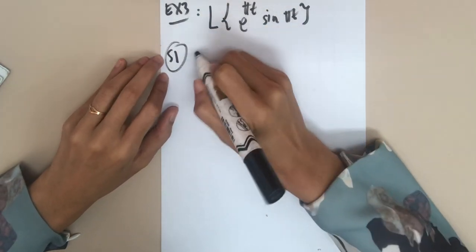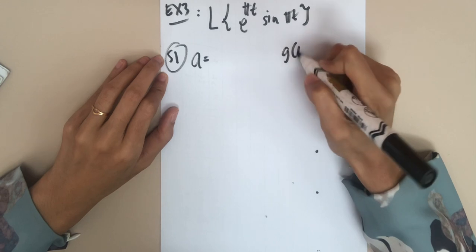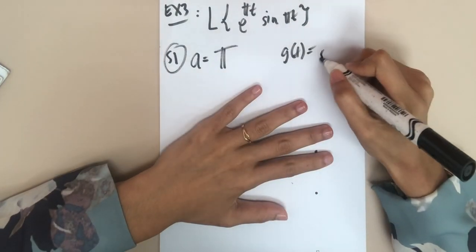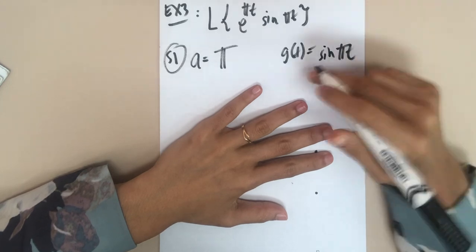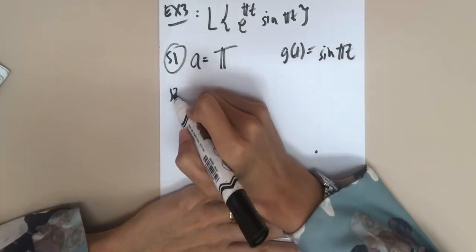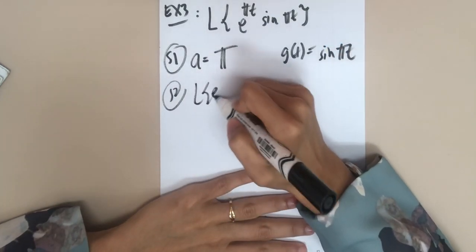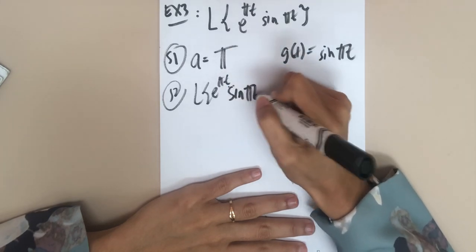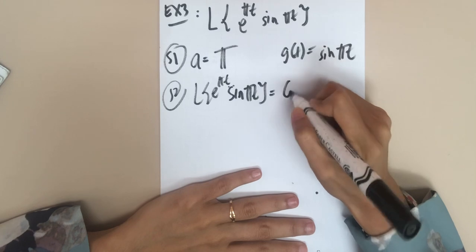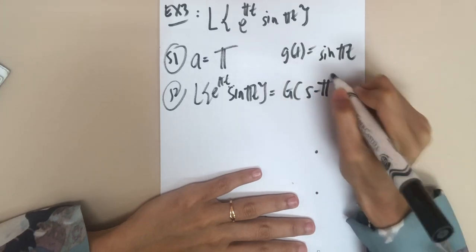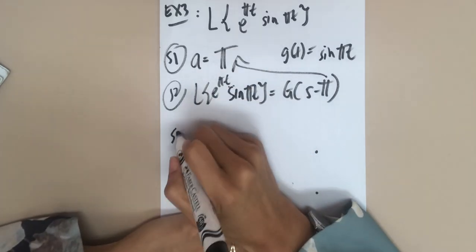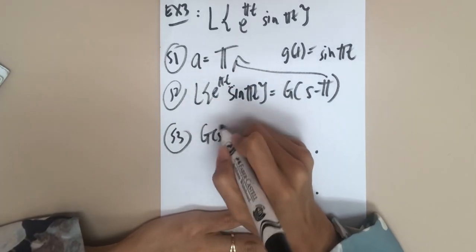The first step is to identify your A. Your A here is pi, and your g(t) is sin pi t. Step number 2, write down the final answer first. It must be in terms of G(S minus pi). Step number 3, find out your G(S).